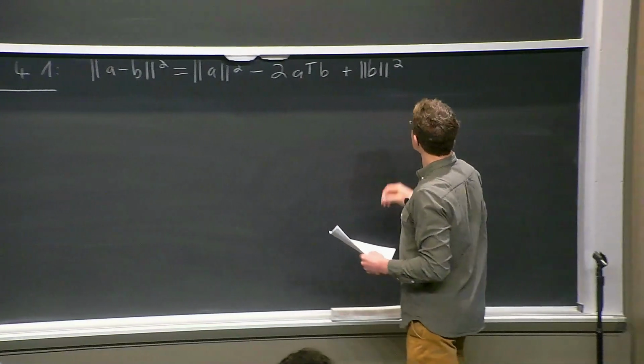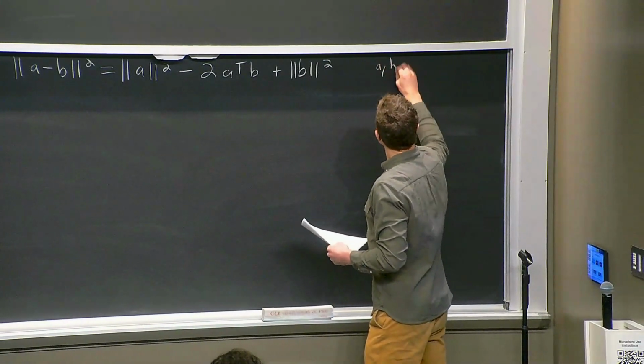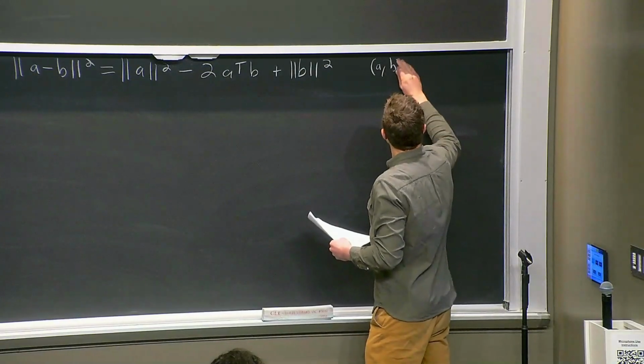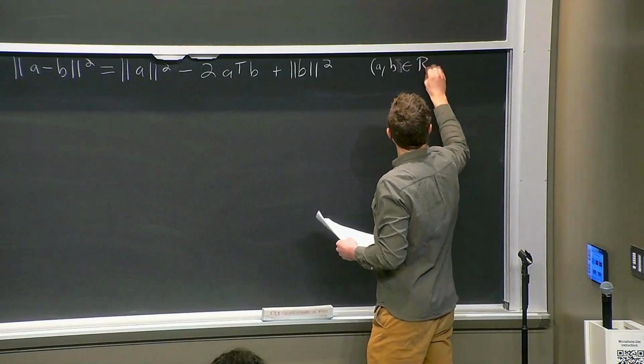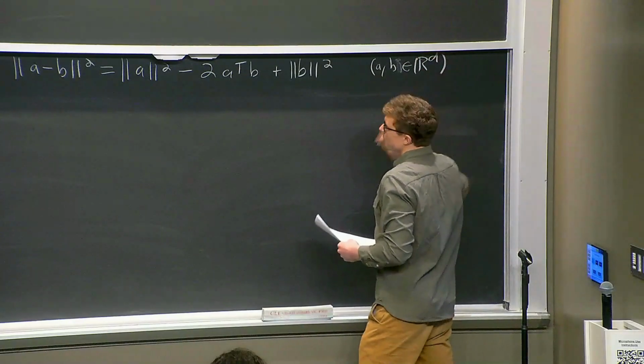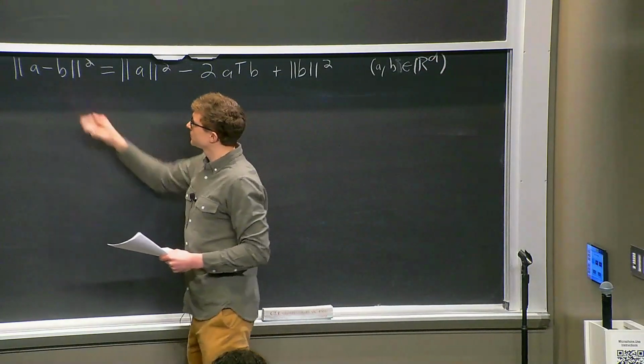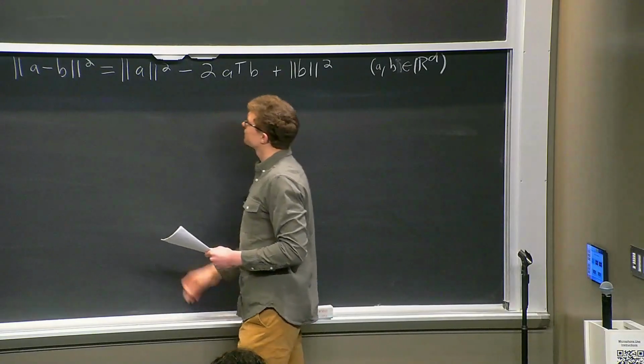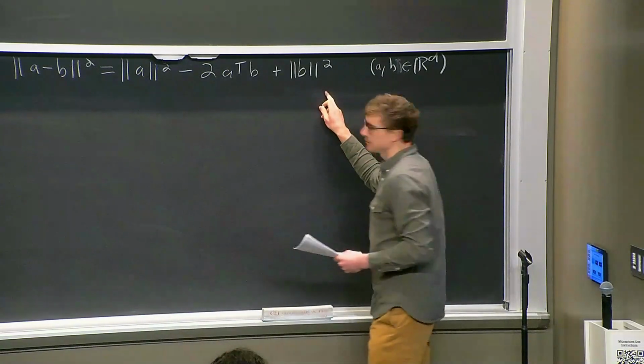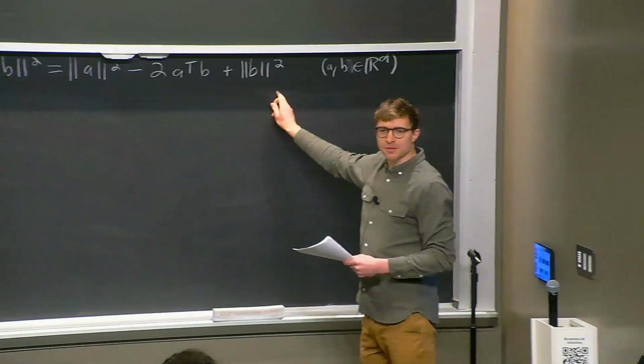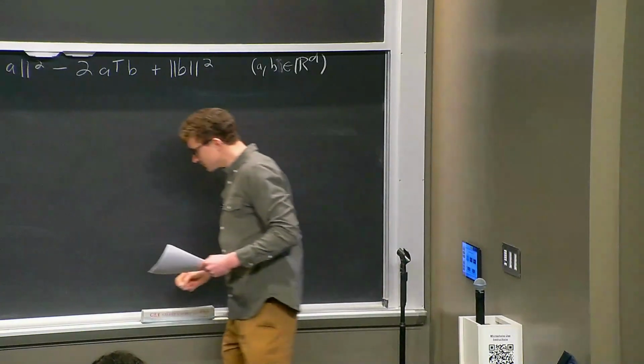If you have two vectors a and b in R^d, and you take the squared error, you get this formula. That's basically the quadratic formula, but for dot products.